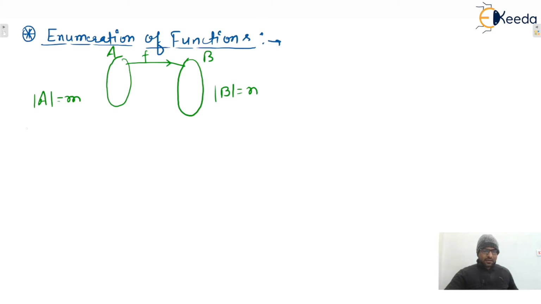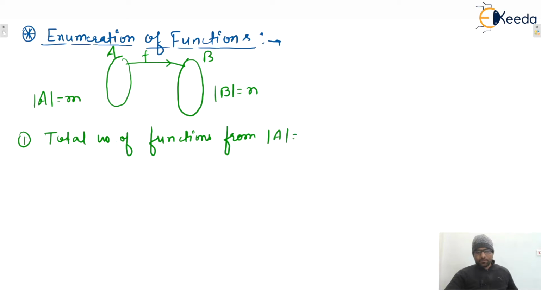Now, first point we can write down, total number of functions from set A to set B is equal to what?